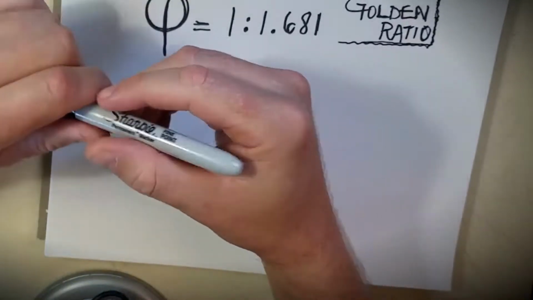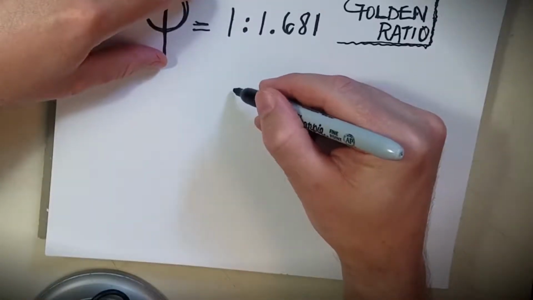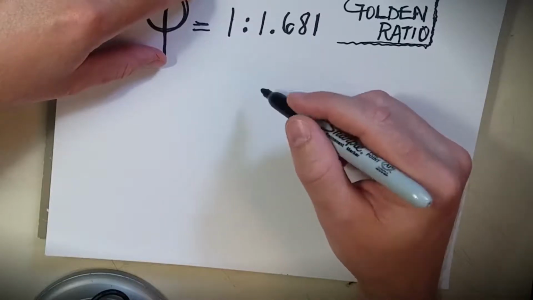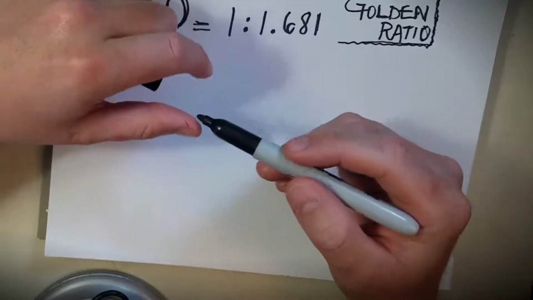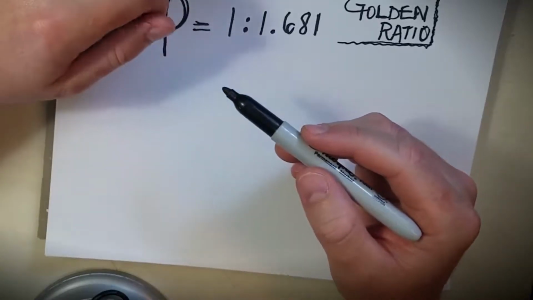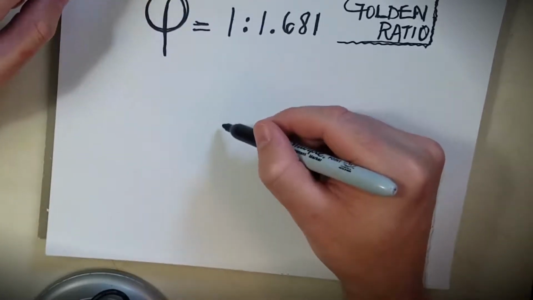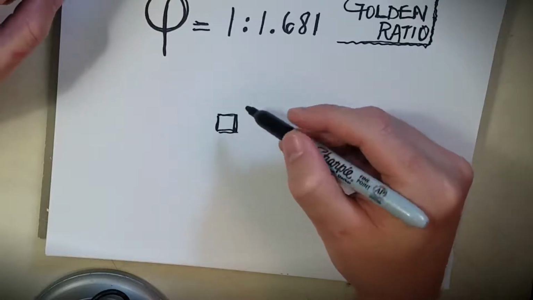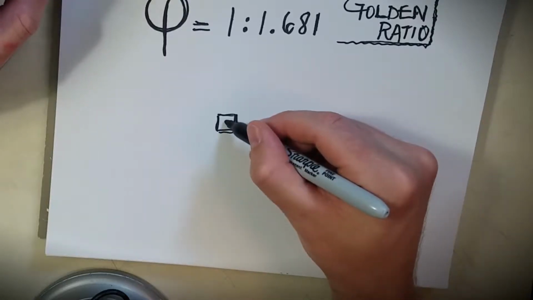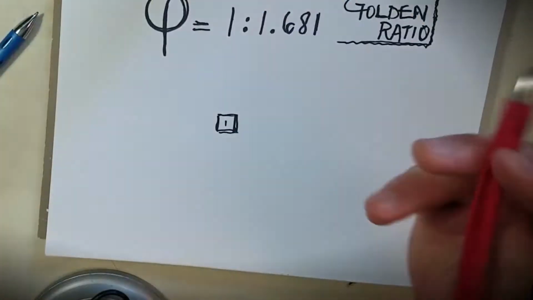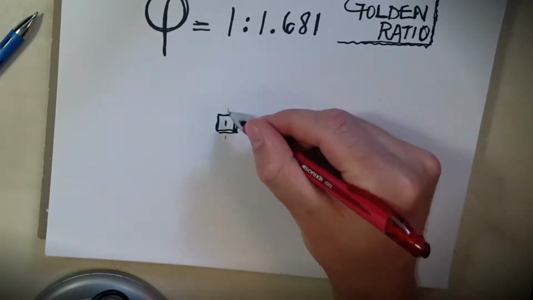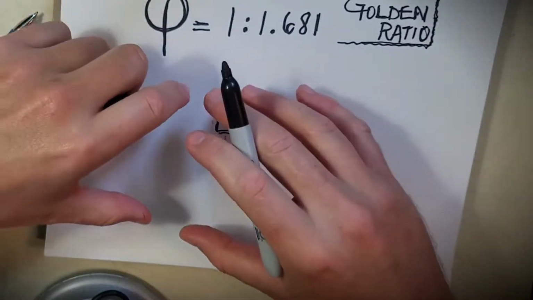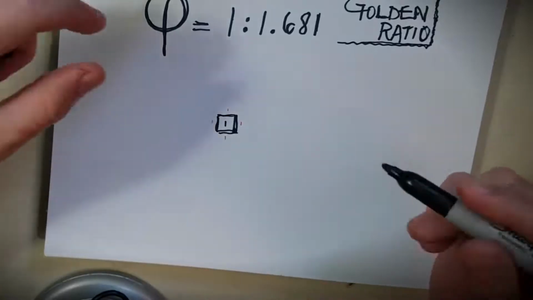Anyways, we have this characteristic pattern, this ratio, this recursive sequence. If you take the golden ratio diagram, we start with our first square, which is a unit. And then we use that to extrapolate all our other units.